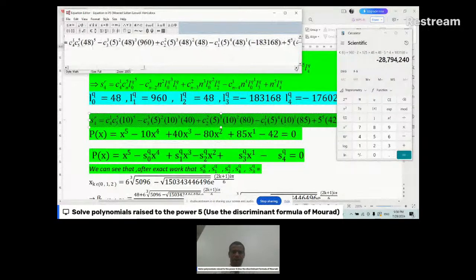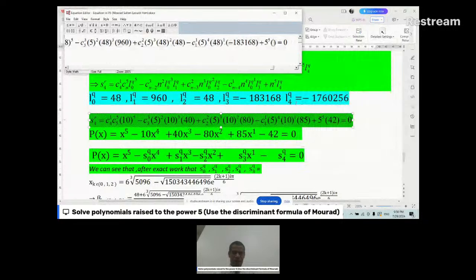Then plus 5 times, learners, the value of L4, which is negative 1,760,256.